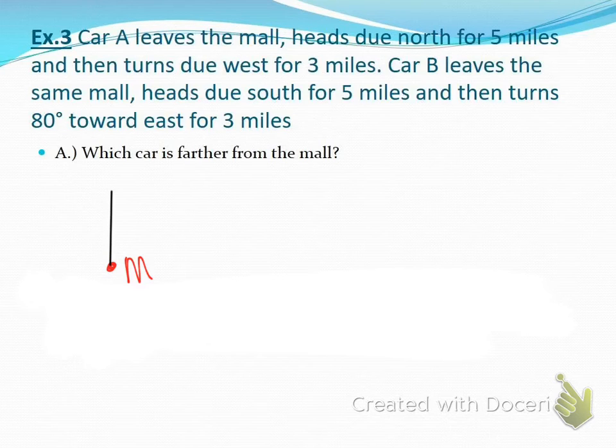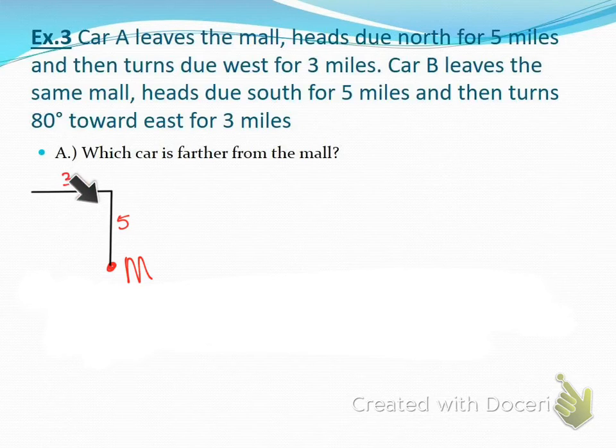So when they say due north or due west, they mean straight up, like straight north. And then when they turn and go due west, that means they're making a sharp turn and going west 3 miles. So here we've got 5 and 3.